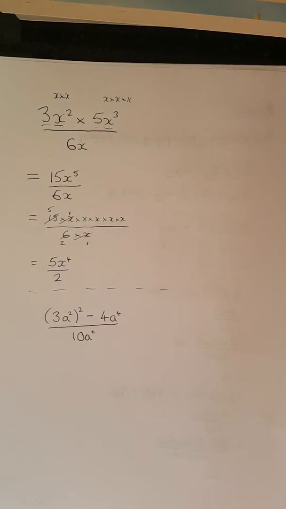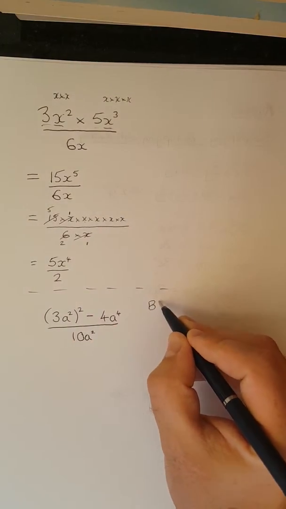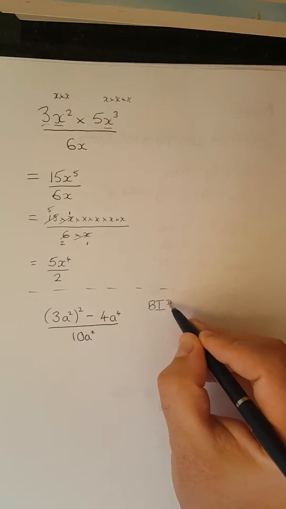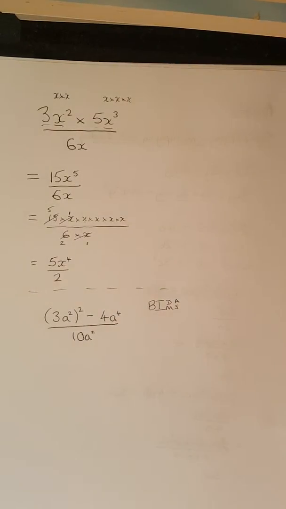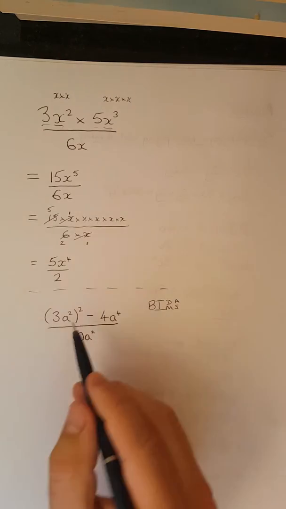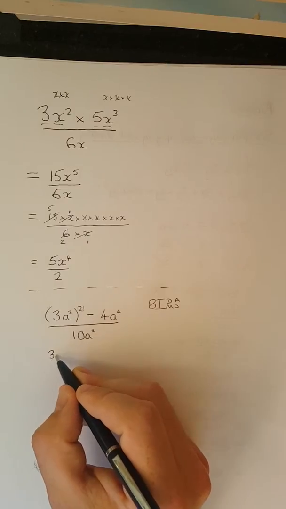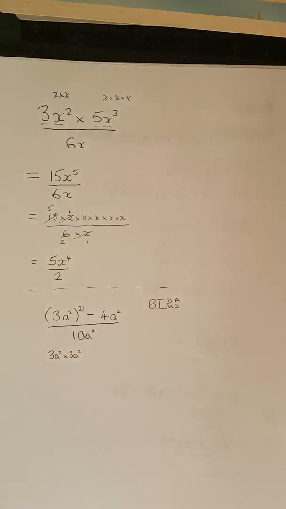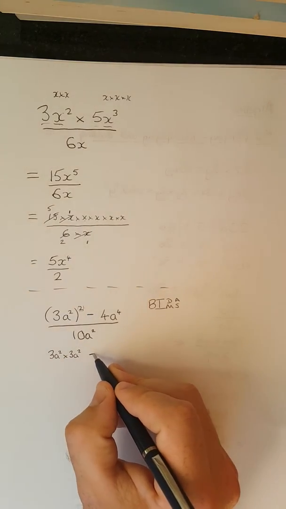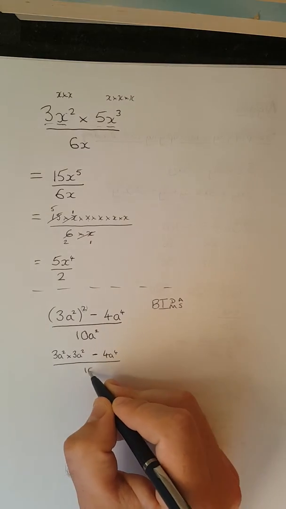Okay. First off, I'm going to do the indices here first. That means I've got 3a squared multiplied by 3a squared. Then I'm going to take away that. Then I'm going to divide by this.